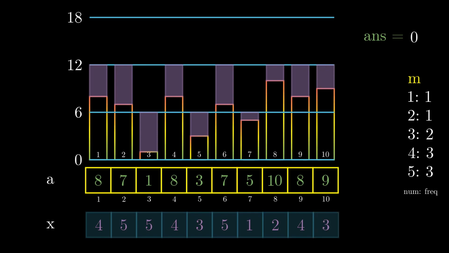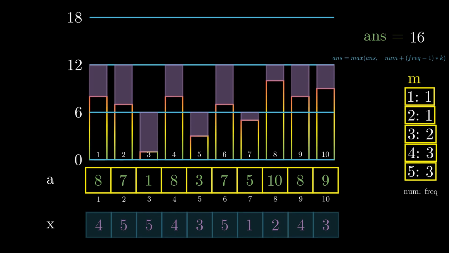So we are done with building our X array and the frequency map. Now we'll use the formula mentioned in the code to track our answer variable. Yeah, so 18 is our answer for the second test case.